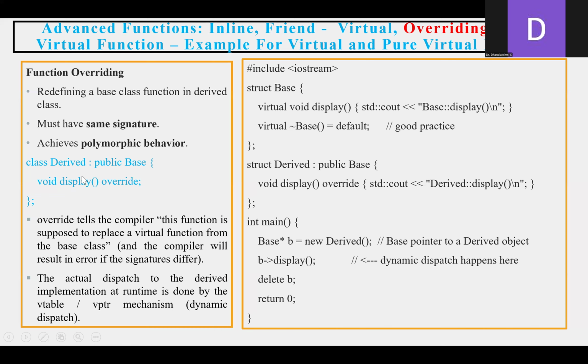This helps the compiler to catch mistakes if the base function signature changes. The override tells the compiler this function is supposed to replace a virtual function from the base class, and the compiler will result in an error if the signature differs.